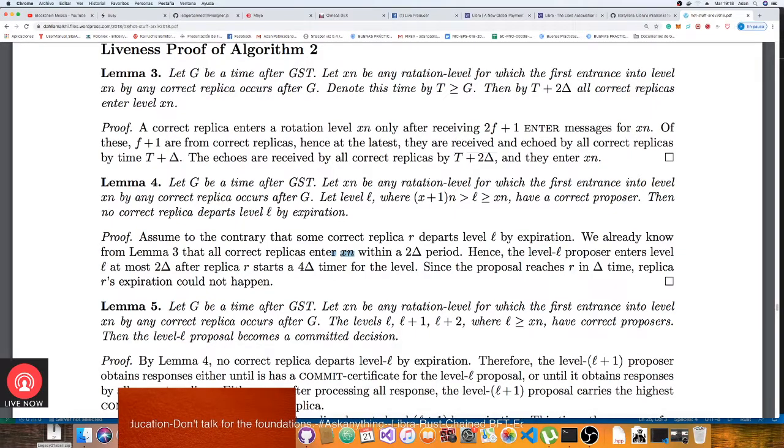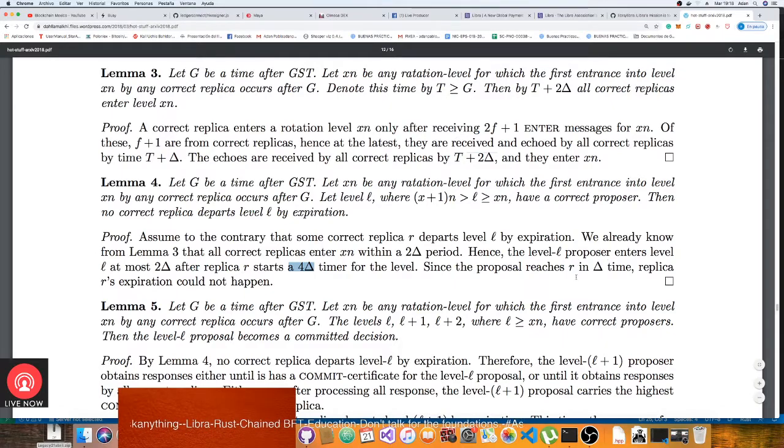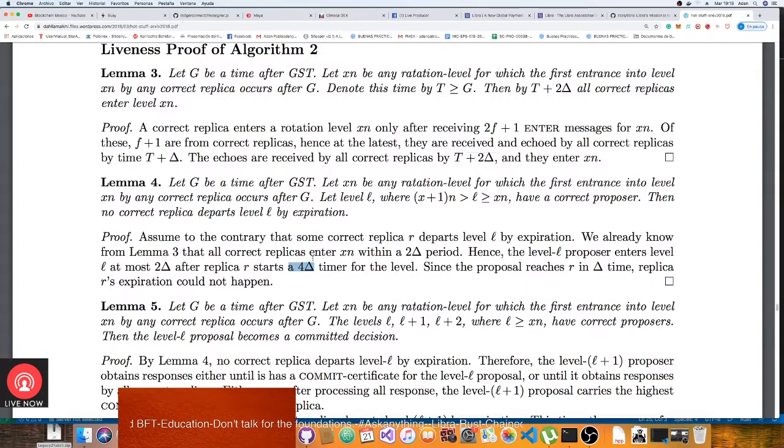Since the proposal reaches R in a delta time, replica R expiring could not happen. So we can see here that it doesn't matter if this period is half or double the time, because R constantly has a correlation.